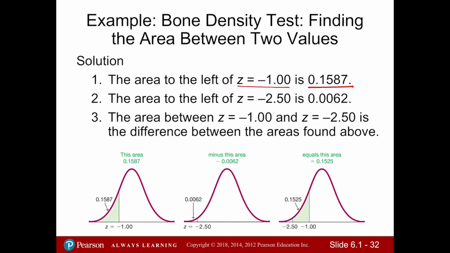If I look at the area to the left of -2.50, I'll get 0.0068. And so the area between them should be their difference, which is going to be right there, 0.1519.